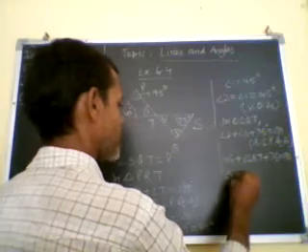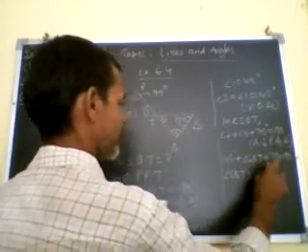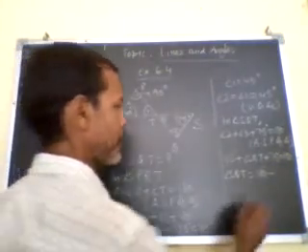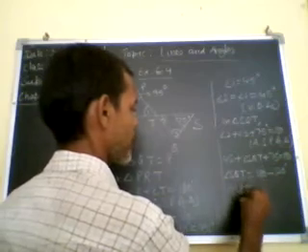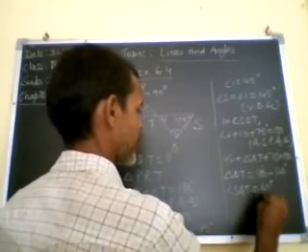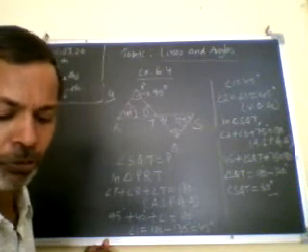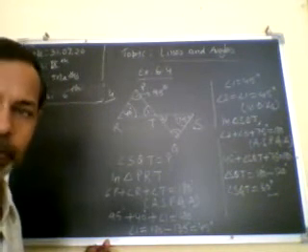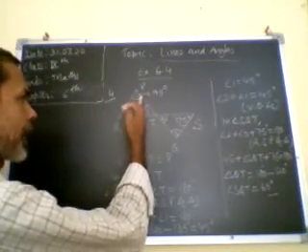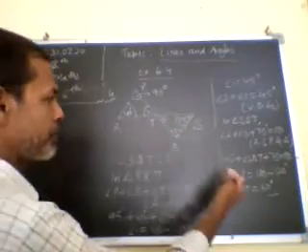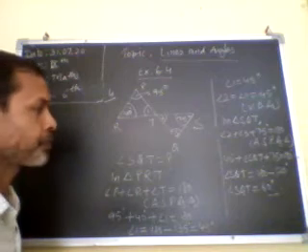So SQT is 180 minus, 75 plus 45 is 120. So SQT is 60 degree. So we have to find the value of the angle, it is 60 degree. Is it clear? So we have to use the angle sum property of a triangle in triangle PRT, then in the next triangle SQT. Is it clear?